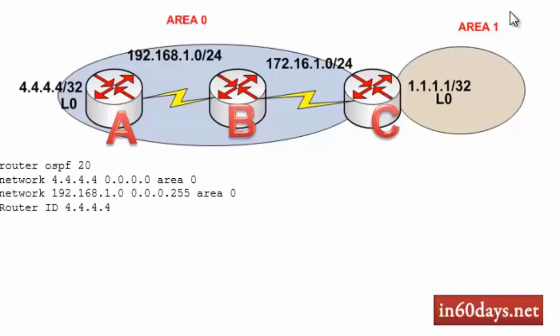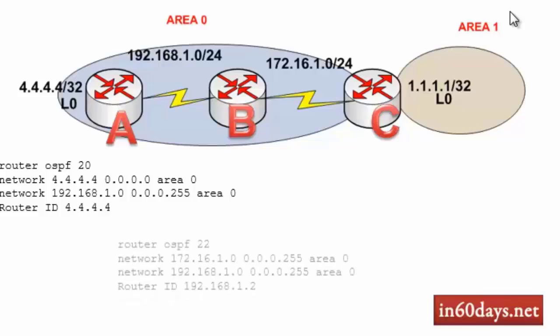So on router A, obviously I've added the IP addresses to the interfaces beforehand. I've added directly the network 4.4.4.4 with all the zeros, so I want to advertise that specific interface in area 0. The network 192.168.1.0, I've added a wildcard mask and area 0, and then I've manually set the router ID.